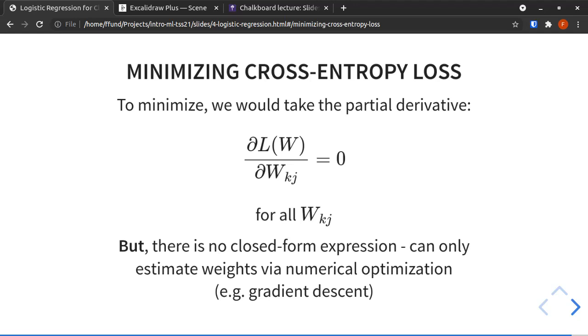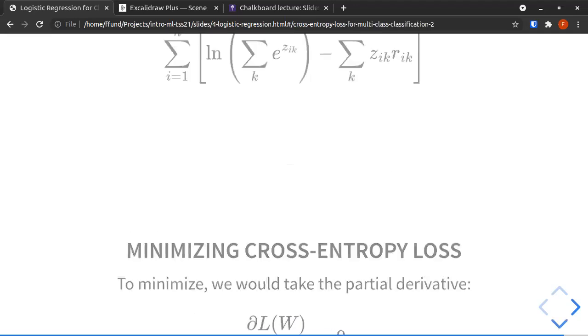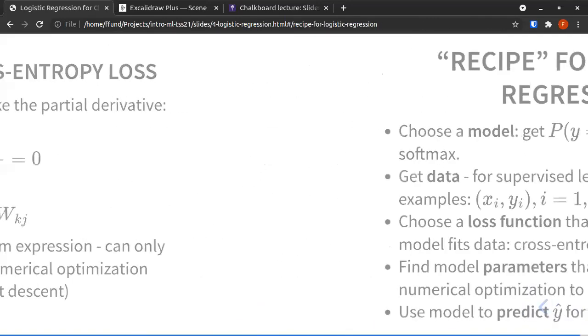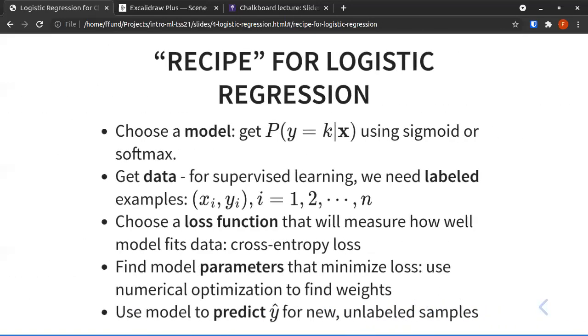Now, we're going to stop here. I think a lot of this will make much more intuitive sense on Thursday after we look at the collab lecture. But at least for today, we completed our recipe for logistic regression. As our model, we're going to compute the probability of y belonging to some class K given features x using either a sigmoid or a softmax function.